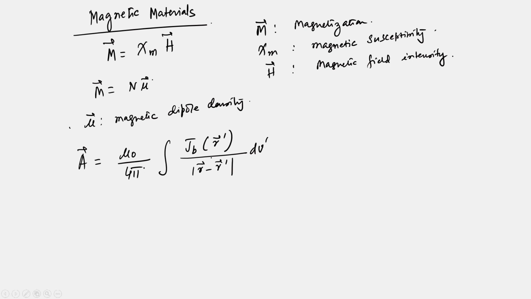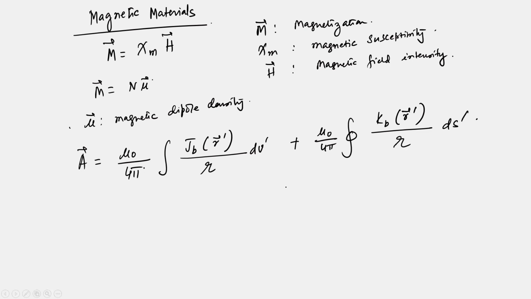You would have seen similar expressions with j replaced by rho, where mu 0 by 4 pi was 1 by 4 pi epsilon 0, plus mu 0 by 4 pi times the closed integral of K B of r prime over script r, ds prime. So, that is absolutely analogous to what we have seen for the electrostatic scalar potential.